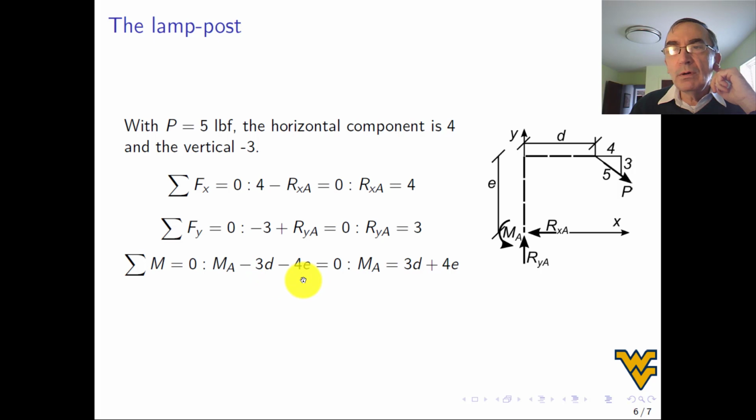And then I have a 4 pulling away this way, which is a component of this force in that direction. All right, and again it is doing a moment like that, yes. And so 4e, so I put my minus 4e. And then now I calculate MA equals 3D plus 4e, and it comes out positive again. Okay, so I got my internal forces.